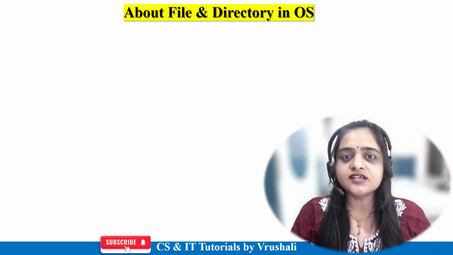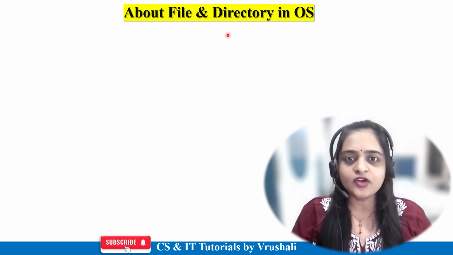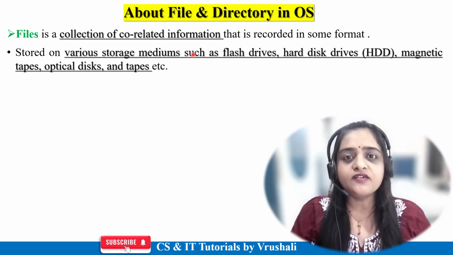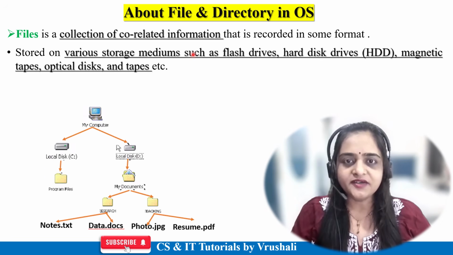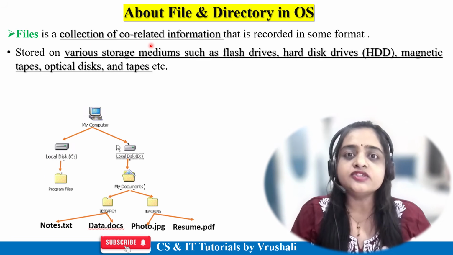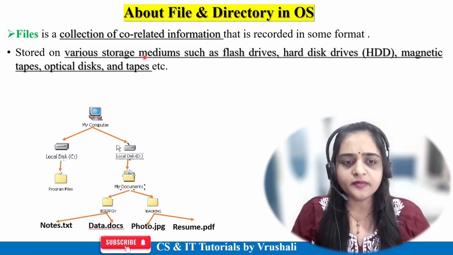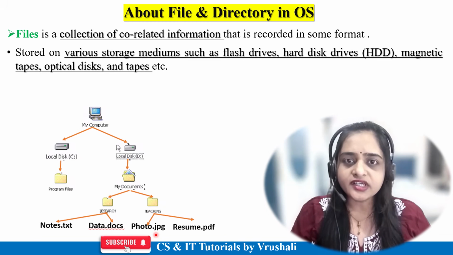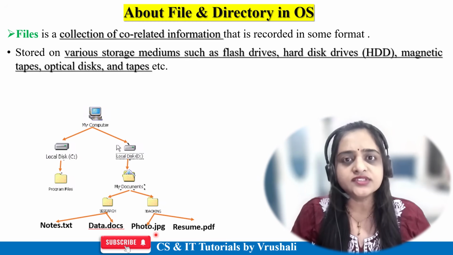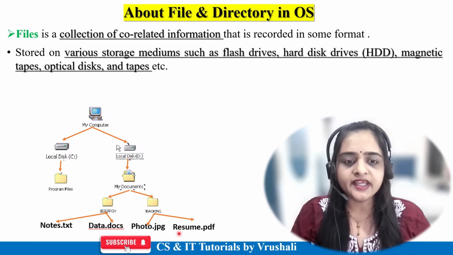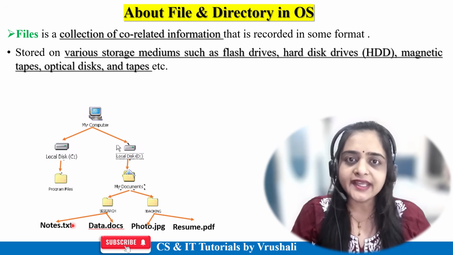First, we will discuss what exactly a file and directory in operating system are. Now, we all are familiar with the files in our computer, right? File basically means a collection of correlated information. We can store files in different formats. See here, like .jpg, .png for photos and images, then .pdf, .doc, .txt, right?